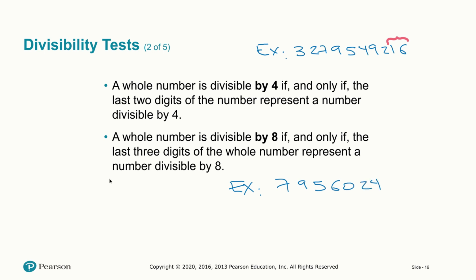Right, now all you got to do to see if the number is divisible by 8 or not, look at the last 3 digits, right? Well, 0, 2, 4, that's just 24, right? Is that divisible by 8? So you know for sure that the number is divisible by 8.